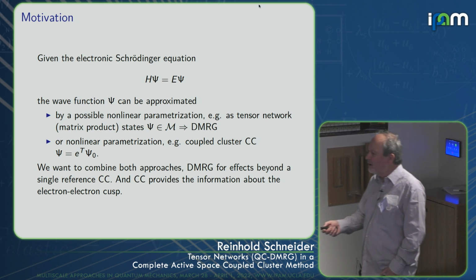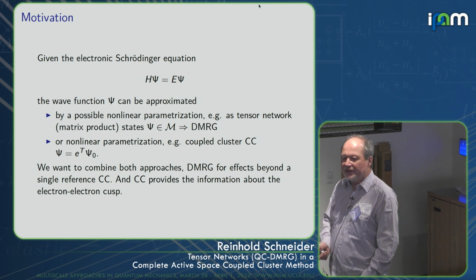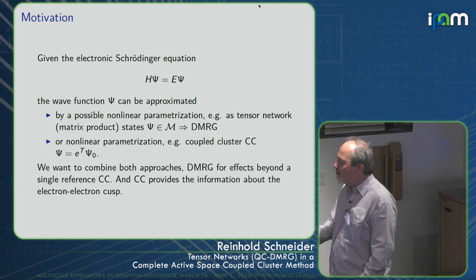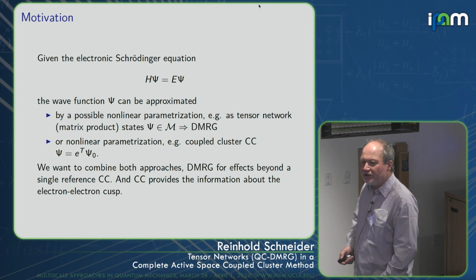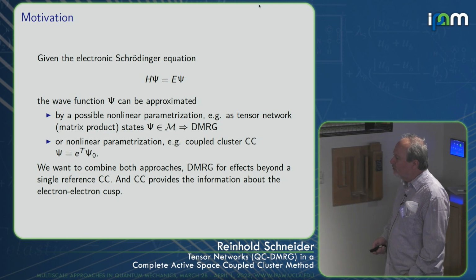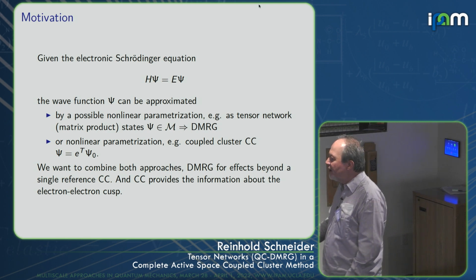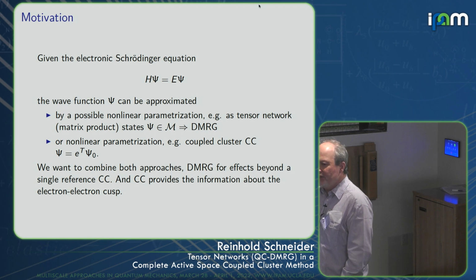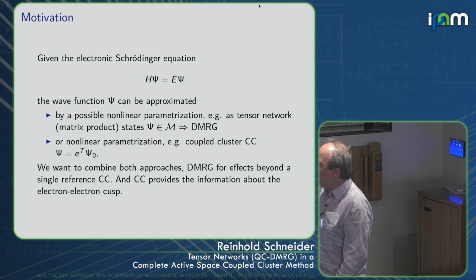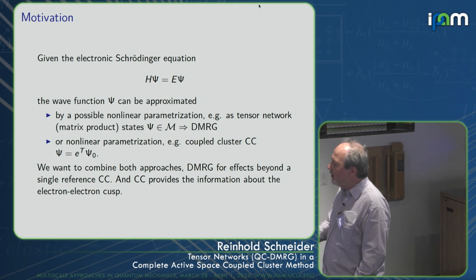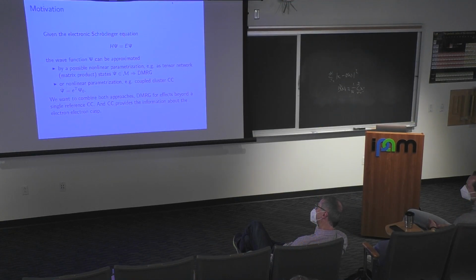One kind is the famous coupled cluster parametrization, where we have this exponential parametrization. And in contrast to this is a nonlinear parametrization where we are approximating the wave function inside a large, extremely large configuration space, full CI space, but on a low-dimensional manifold.